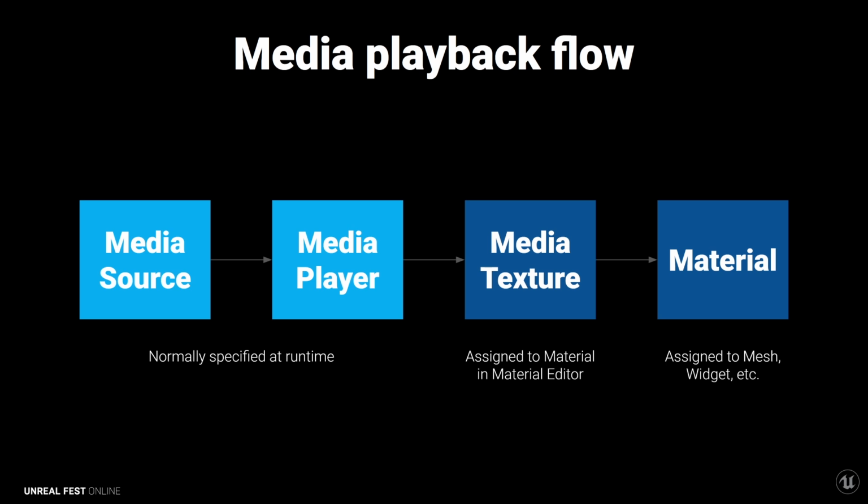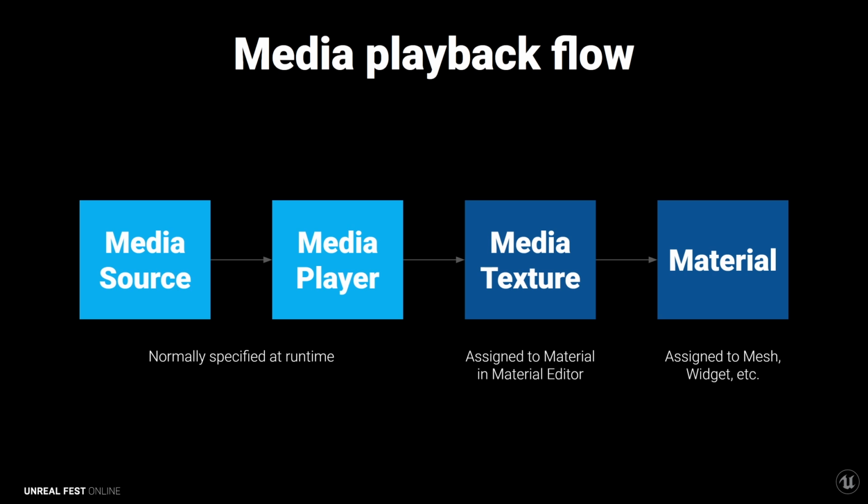And then this will be fed into a material, which can then be assigned to a mesh, a widget, or other things inside of the engine. Generally speaking, you will need each of these parts, but you don't need all 4 of them for every single video file. As I'll show you, we can set this up in a variety of ways depending on what the goal is.